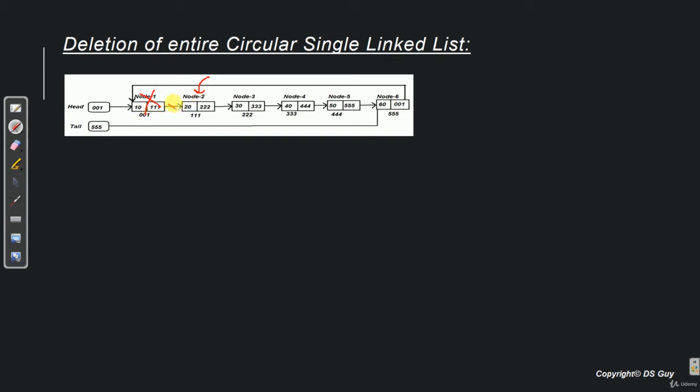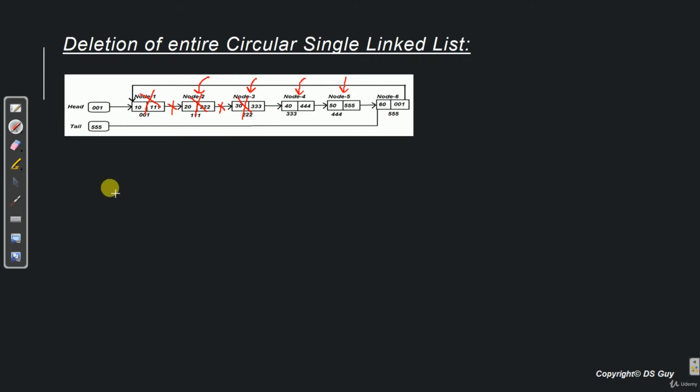So this link does not exist anymore, and node 2 automatically gets deleted. Now once node 2 gets deleted, this link over here also gets destroyed. So node 3 is now not being pointed by any reference, so node 3 will also get deleted. Similarly, node 4 and node 5.